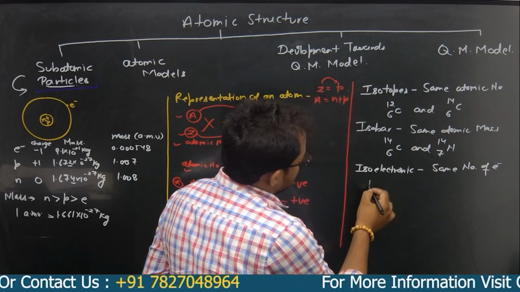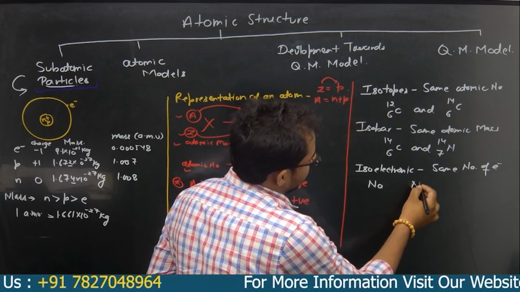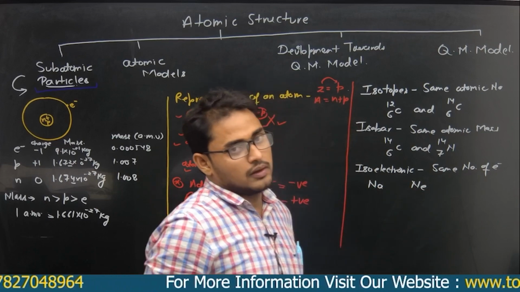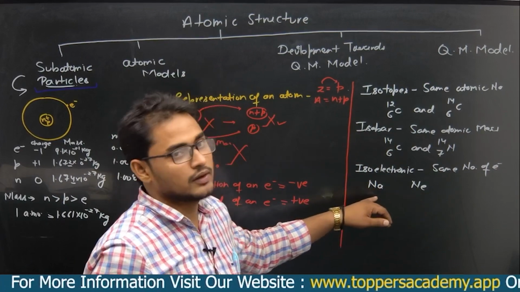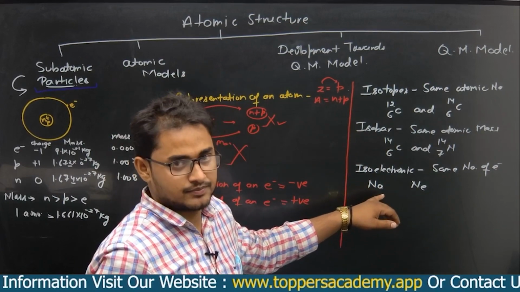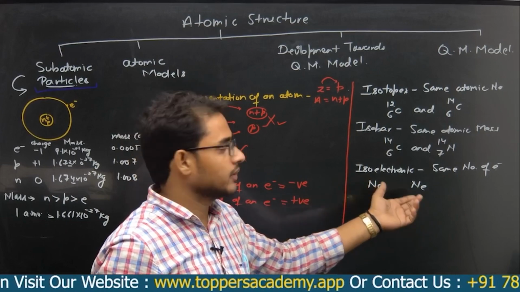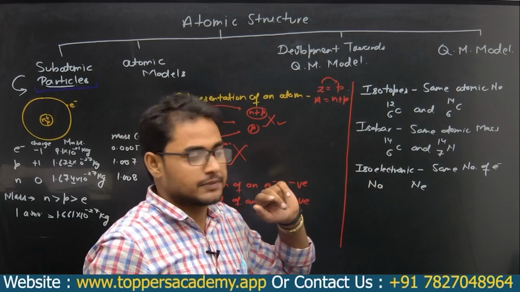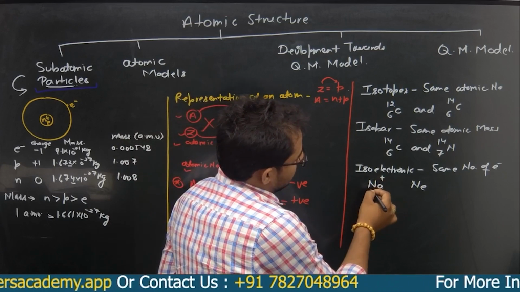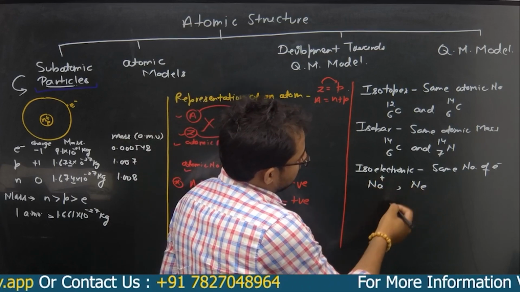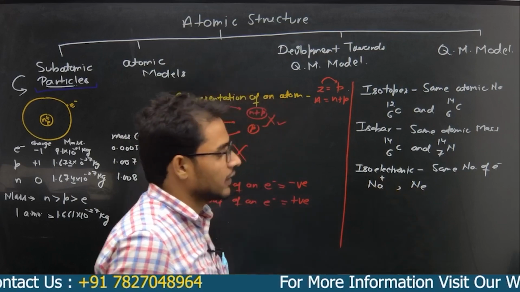For example Na and Ne. In the current scenario there are 10 electrons in Ne and 11 electrons in Na, because the atomic number of Ne is 10, and the atomic number of Na is 11, right? But if I remove one electron from Na, there will be 10 electrons and there are already 10 electrons in Ne. So these are examples of isoelectronic, right?